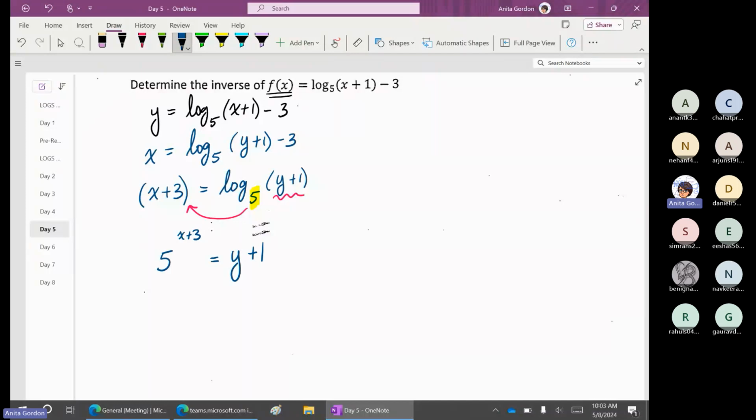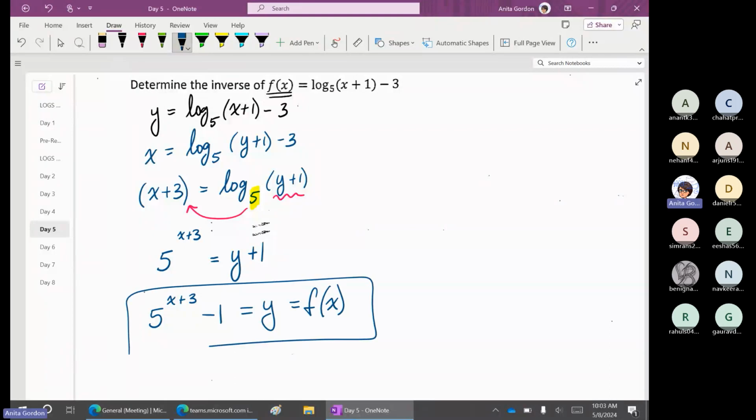We have inverted it, or undone it, done the inverse of a log, rewritten it in exponential. And then the last step is to minus 1 from both sides. So this is 5 to the power of (x plus 3) minus 1 equals y, or we can write it as f inverse of x. Either way is okay. This is your final answer.